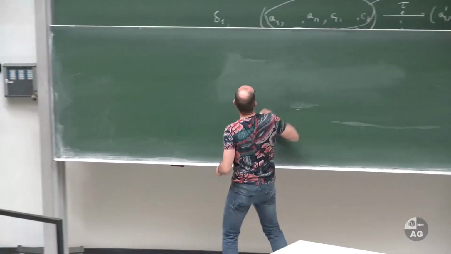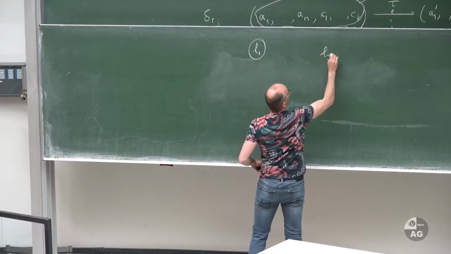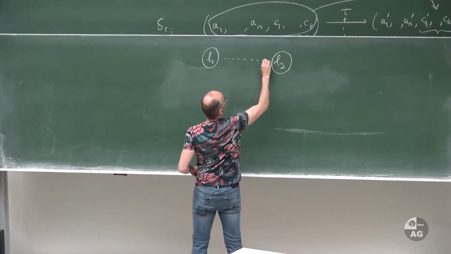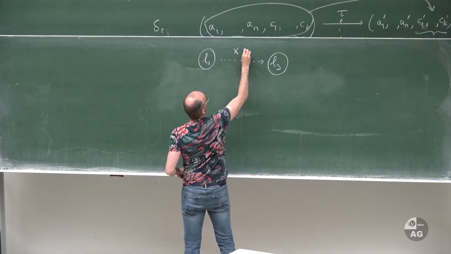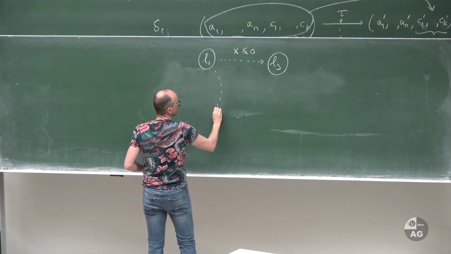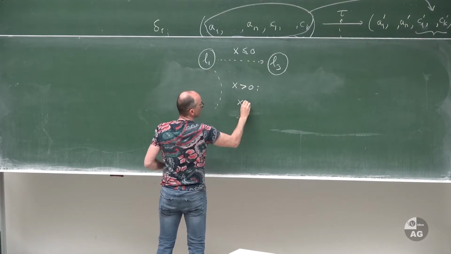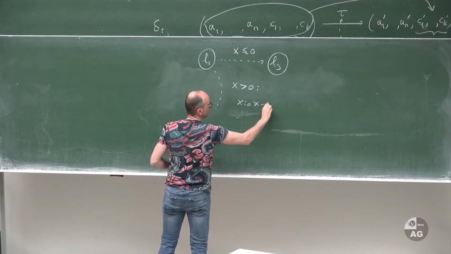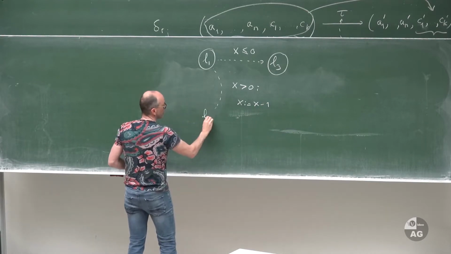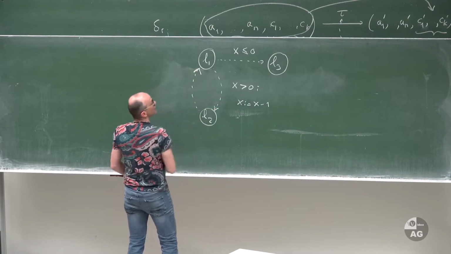Maybe you take the example as we had before. We had L1, we had L3. I think here was something like x is at most 0. Here we had an edge that says if x is larger than 0, then we do x becomes x minus 1. If I was not mistaken, you get to L2. And in L2 we had an edge that went here.